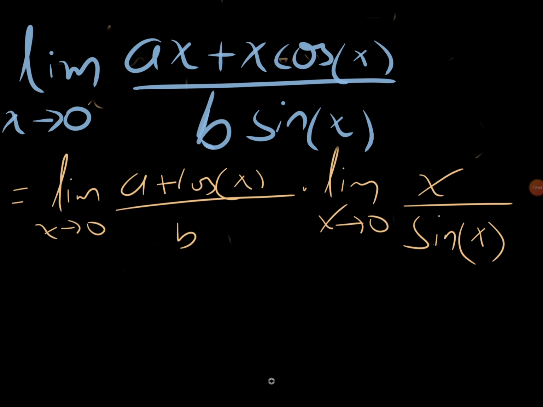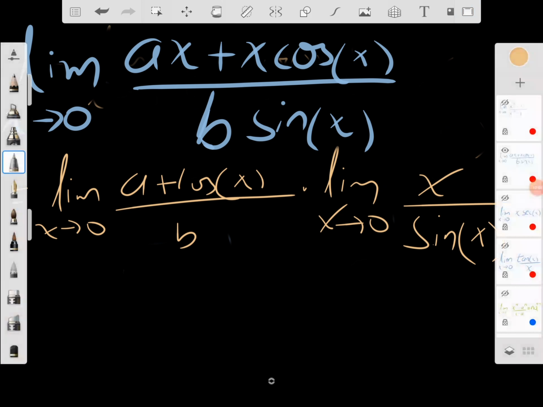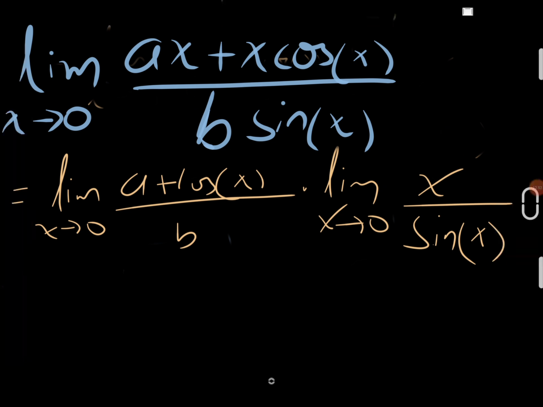Okay, now when you look at this, what do you see? We saw that limit x tends to 0, sin x by x is 1, when x approaches 0, sin x by x becomes 1. So if sin x by x is 1, x by sin x is also 1. Why? Because 1 is equal to 1 by 1 only. However you invert 1, it becomes 1.